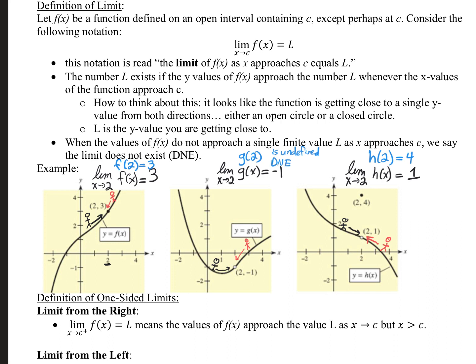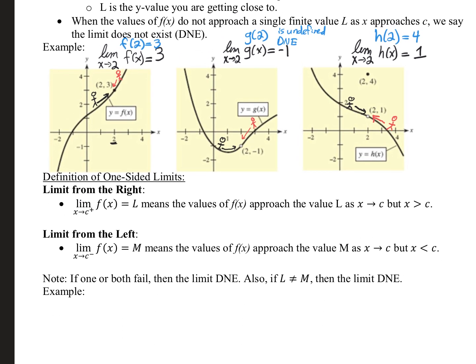If we want to get particular with our verbiage, it's better to say that g of 2 is undefined than to say it doesn't exist. The reason it doesn't exist is because nobody has bothered to define it. But both of these are true statements. It's just that the first line is the reason we say it doesn't exist. But for the purposes of this class, in a brief calculus class, I'm not going to get real nitpicky with how we are saying these, since the meanings are so similar.